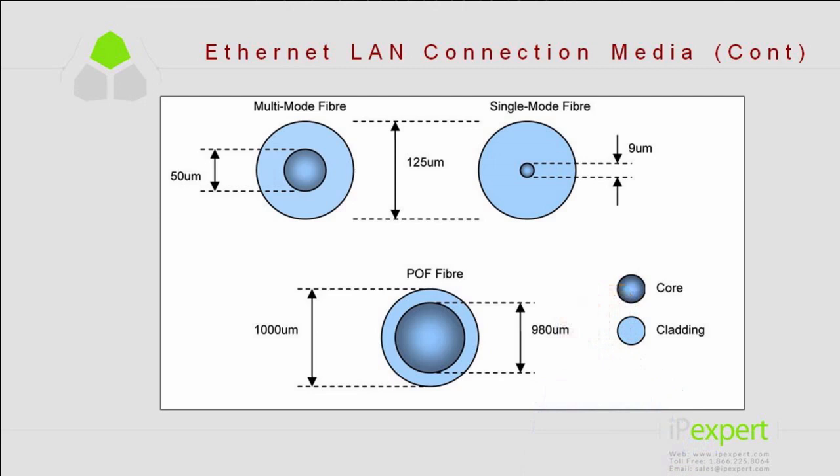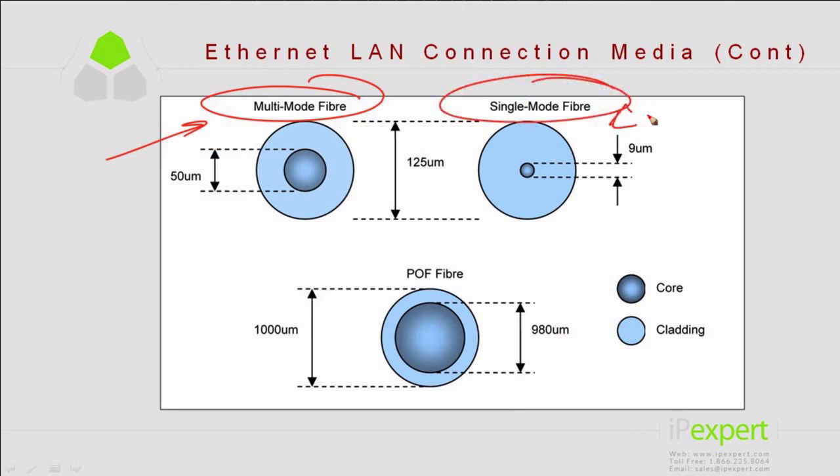Looking at this, we see two different types of fiber optic cable. We have multi-mode fiber, which is used for transferring lots of individual signals and maintaining the integrity of those signals over relatively moderate distances. We have single mode fiber, which carries one signal.